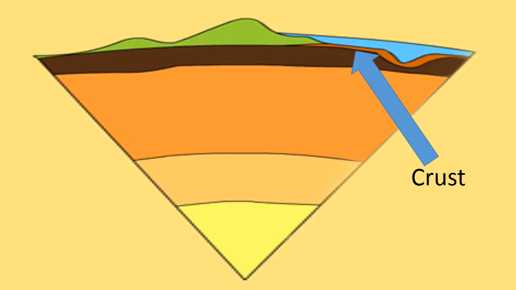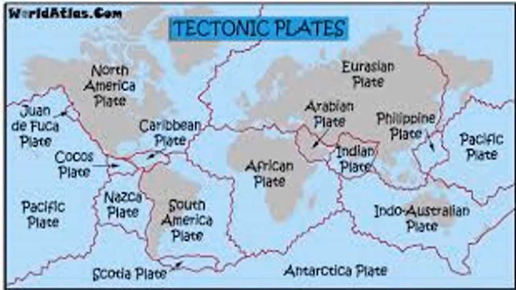The crust, which is the outermost layer of the earth, is broken into tectonic plates that move in relation to one another. Tectonic plates can be made up of either oceanic crust, continental crust, or a combination of both.